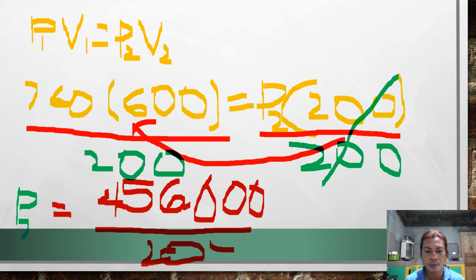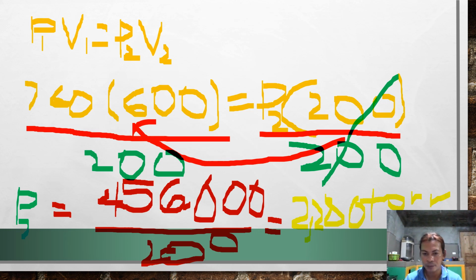So we divide this by 200, and it is equal to 2280. So this is now torr, because ml is already cancelled out. Okay, so I hope you follow what I solved here.